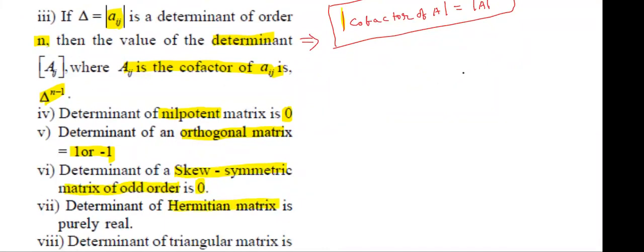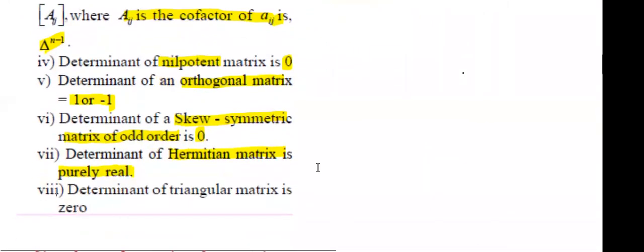Determinant of Hermitian matrix is purely real. Determinant of triangular matrix is 0. Remember it.